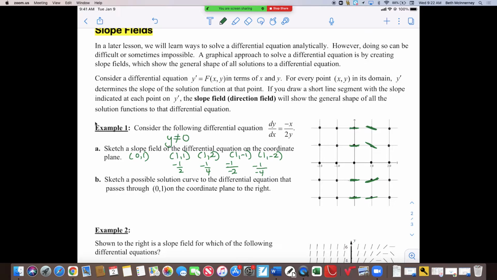You can either do them mentally, or you can write them out. And if you're a fast worker, see if you can tell what shape this slope field looks like it's creating when you're done.